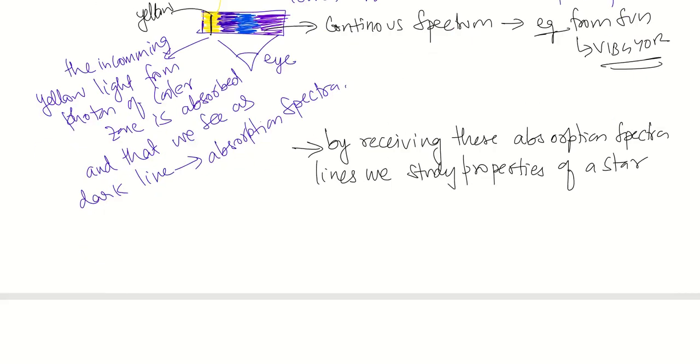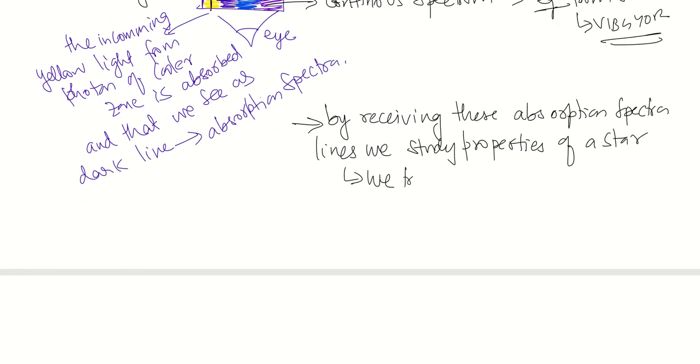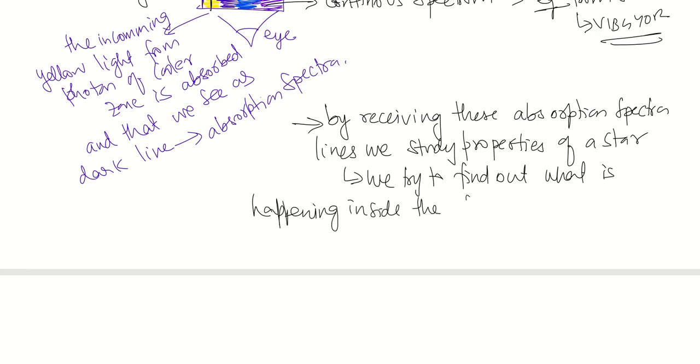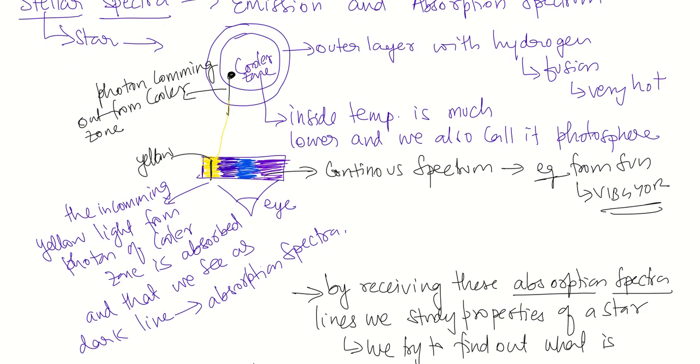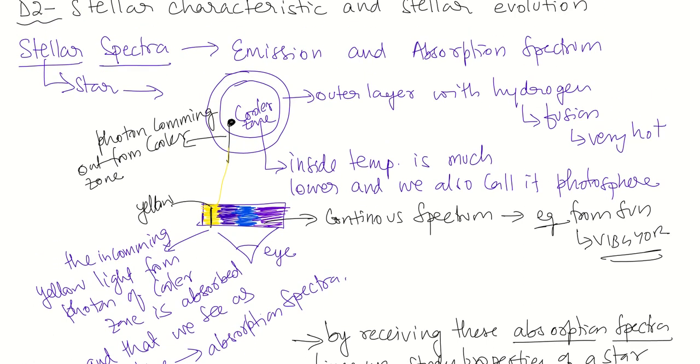We try to find out what is happening inside the star, and that's a very crucial thing for us. That can only be done with your absorption spectra, because that only helps us. So this is known as your stellar spectra, the absorption spectrum that we observe from the stars.